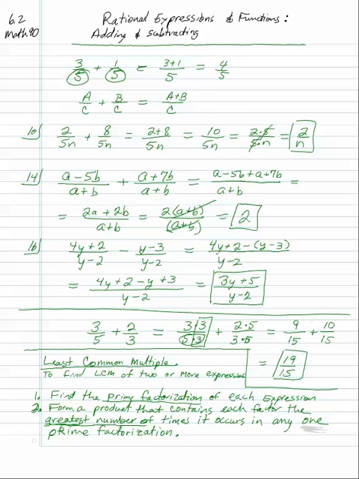Now here's the keyword: in any one prime factorization. So we're going to factor each number, and then you're going to look for each prime factor and the most times that it occurs in one of the factorizations. All right, so let's try some on the next page.